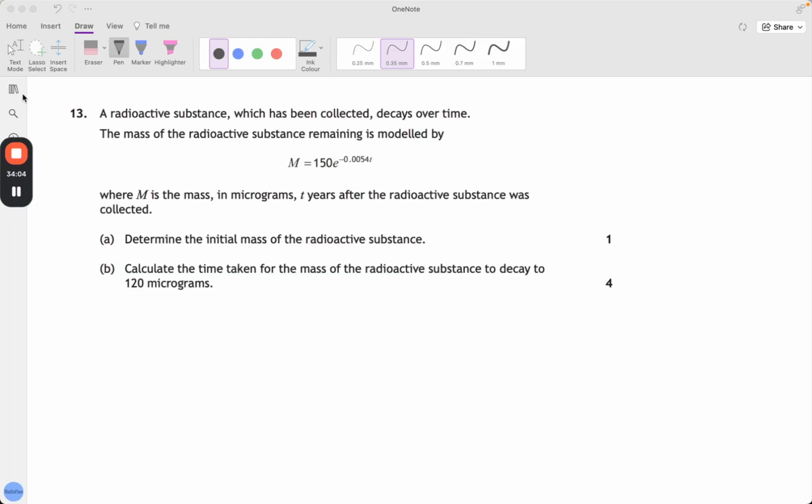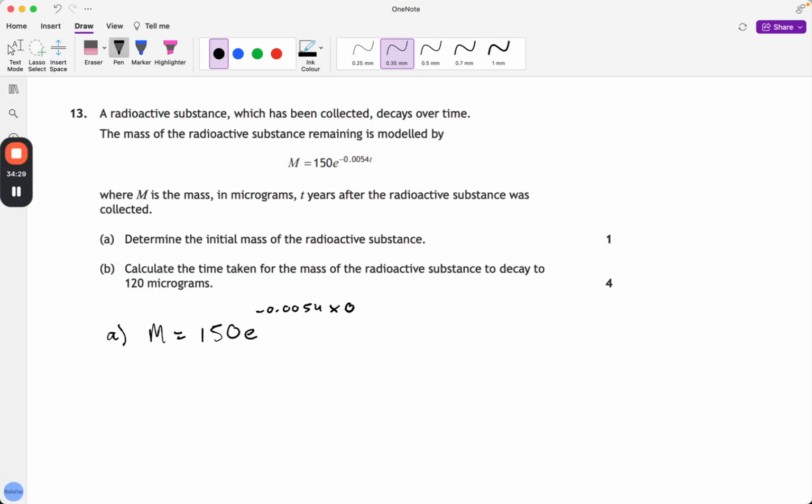So whenever I ask you to do something to do with the initial, you want to think about t being 0, because no time has passed. If we're thinking about what it started with, then we're at 0 years here, because it's when you're doing it to begin with. So all you want to do is take your equation, and you want to set t equal to 0. So we're going to have 150 e to the minus 0.0054 times 0.